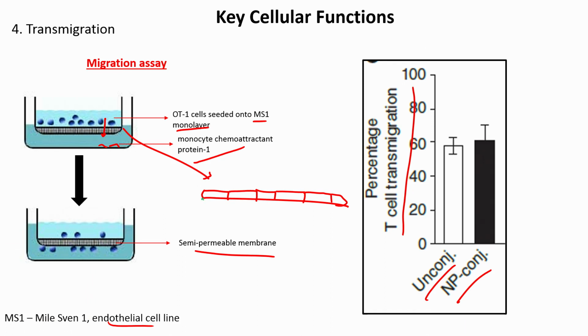Maybe there is a pore membrane on which these endothelial cells are cultured. So, these T cells are able to migrate right through and able to reach their target through this chemoattractant. Even this function they found, at least at 100 nanoparticles per T cell, is not getting affected.